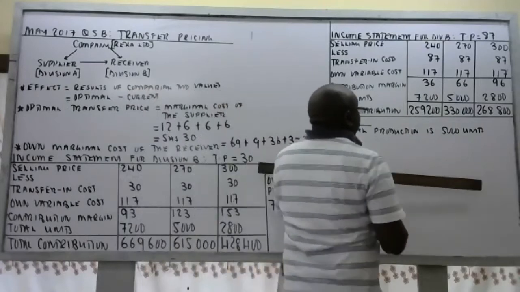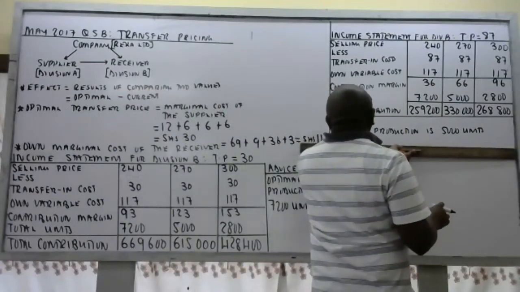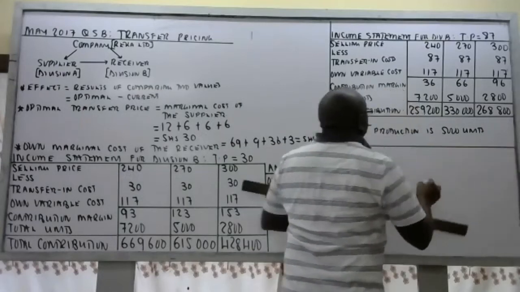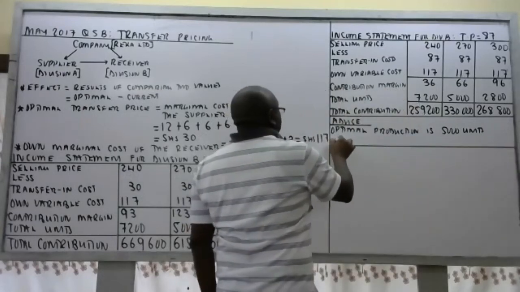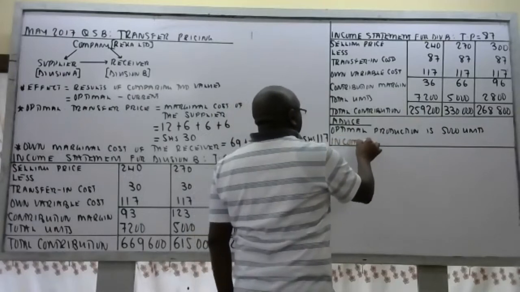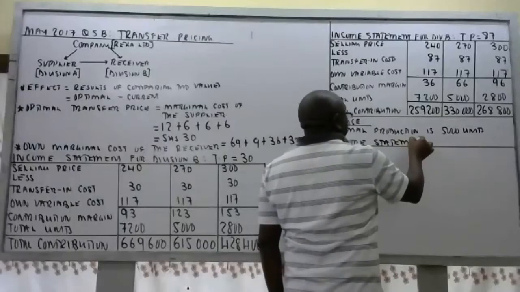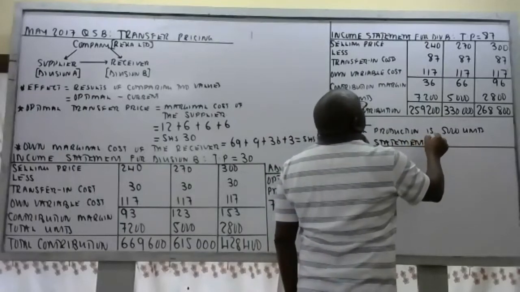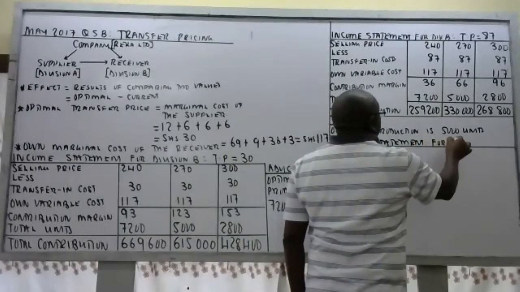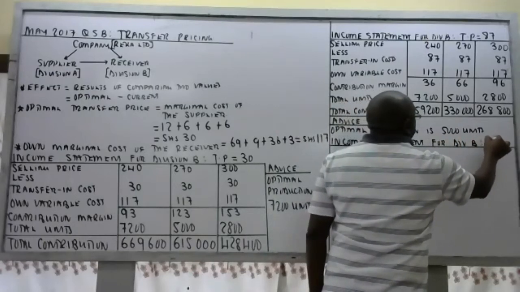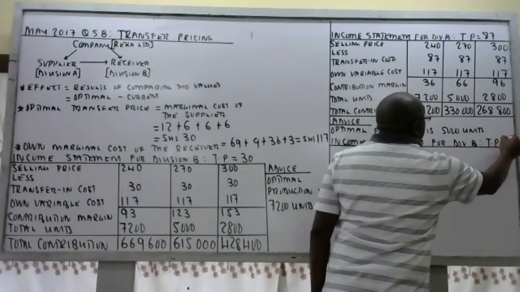So I want to combine it together with the other one. So let us do income statements for division B. And here, the transfer price is at 36.